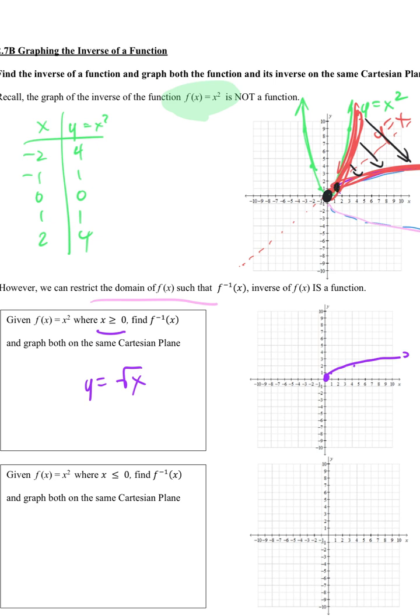But I could just as easily have looked at only this portion, restricting my quadratic parent function to when x is less than or equal to 0. And that would become, oops, I don't want to do that there. I want to do it down below. That would give me just this lower part.